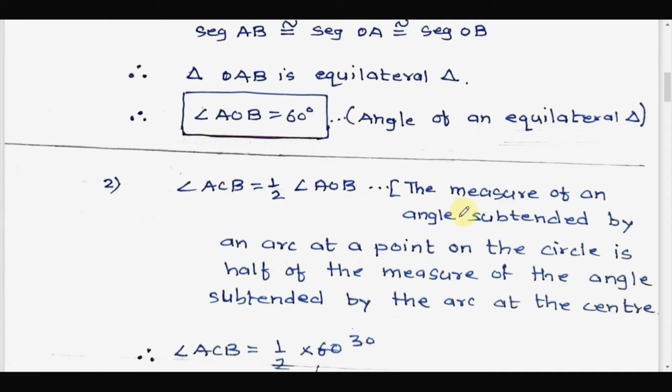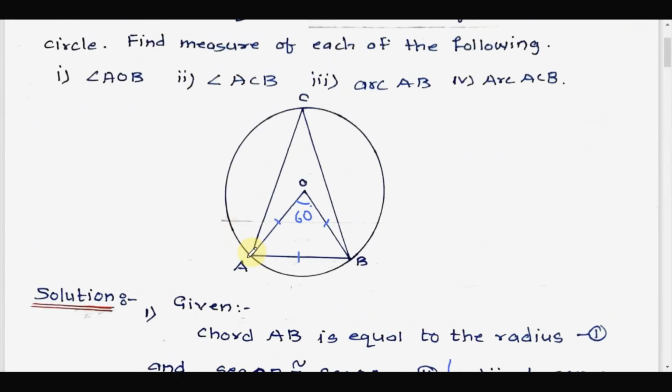What is the measure of an angle subtended by an arc? I'll show you here. This is the arc AB. So the measure of the angle, that is angle ACB, is half the angle subtended by the same arc at the center. Can you guess the answer? Yes, ACB is half of AOB.